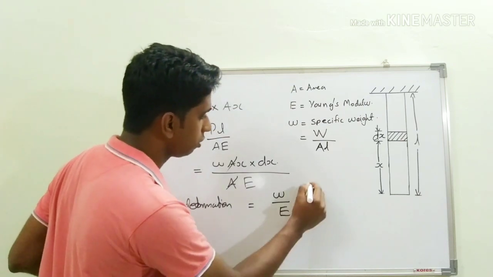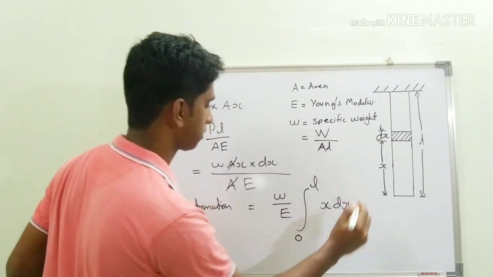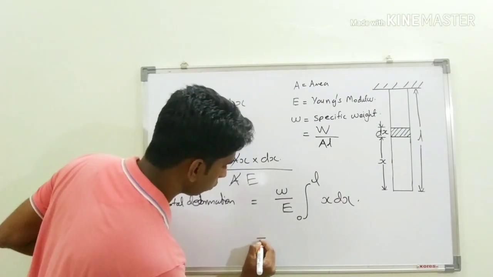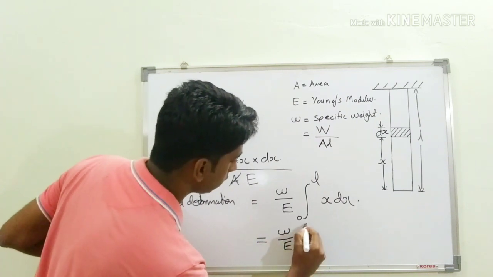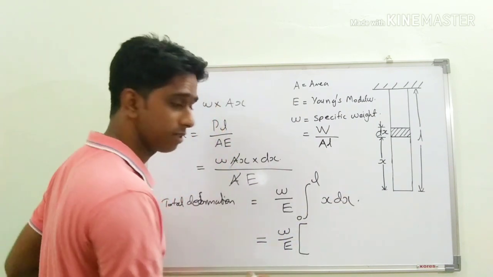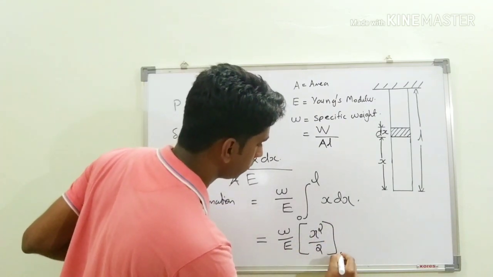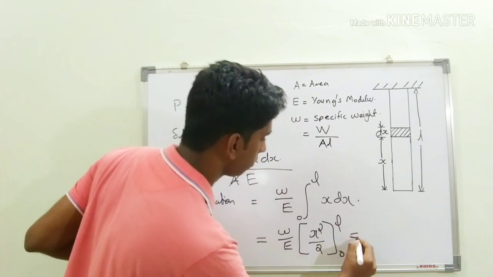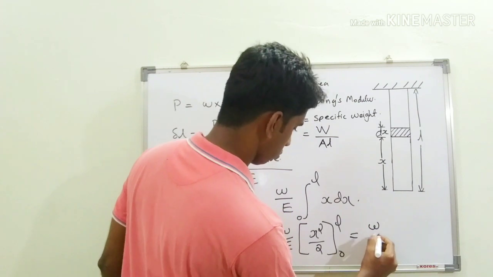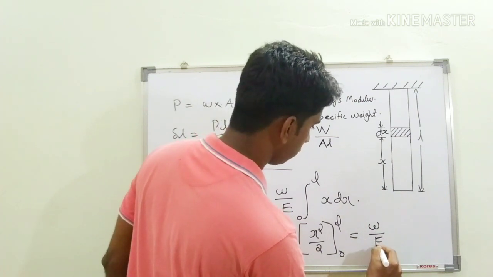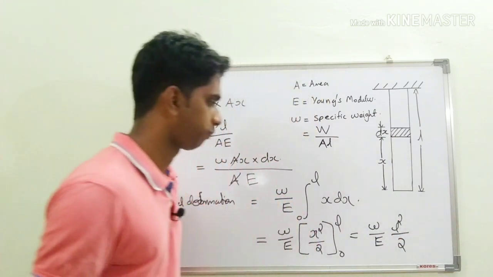Between 0 to L, what is remaining? x dx. Now integrating this, w by E is outside, and inside the bracket we have the integration of x, that is x square by 2 within the limit 0 to L. Simplifying this and applying the limit, we get w by E into L square by 2.